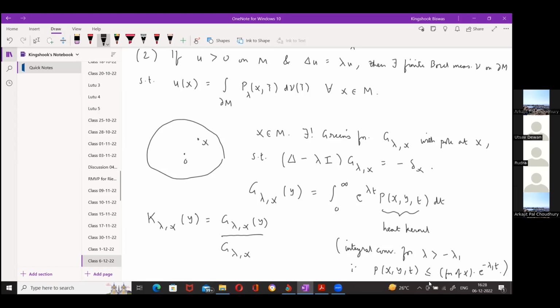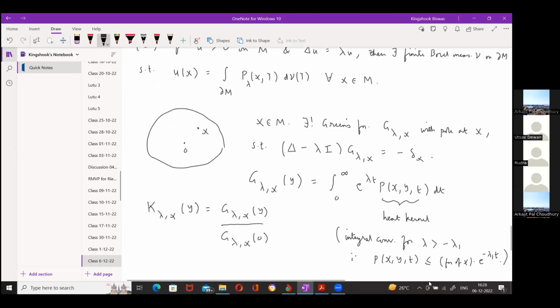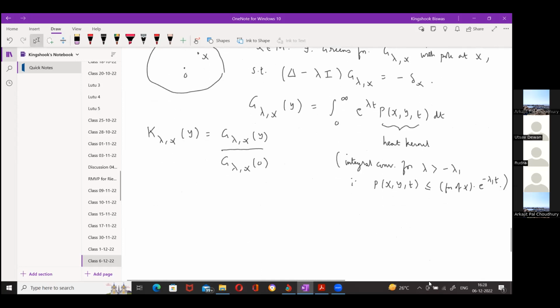So you just normalize it so that the value at the origin is 1. This is the normalized Green's function.